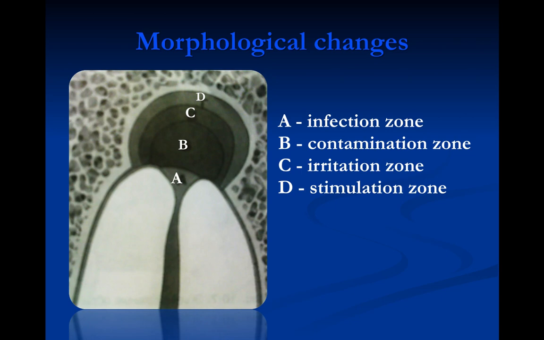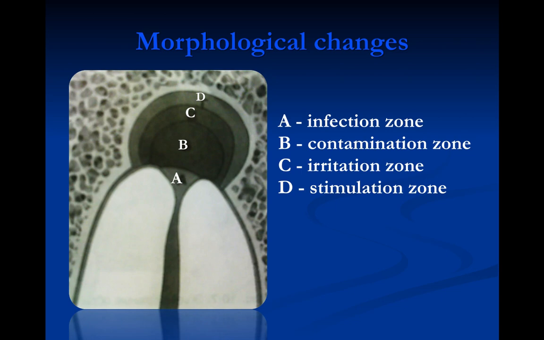Morphologically, a chronic apical granuloma consists of four zones. First, the infection zone, next the contamination zone, next the irritation zone, and the stimulation zone.